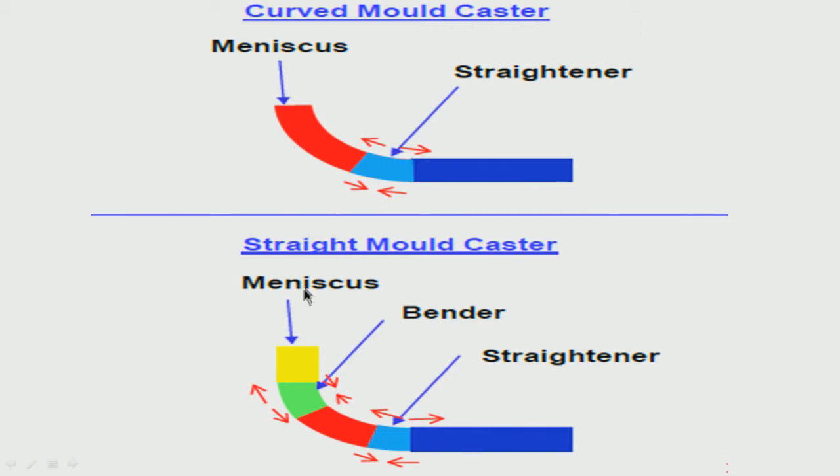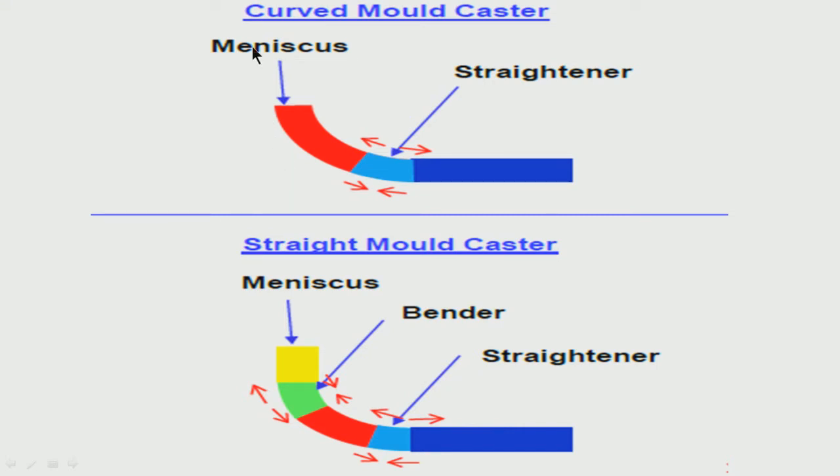Initially the mold is vertical, but otherwise you will have a very maybe 10-storied continuous casting shop if you have a vertical mold, which is not practical.